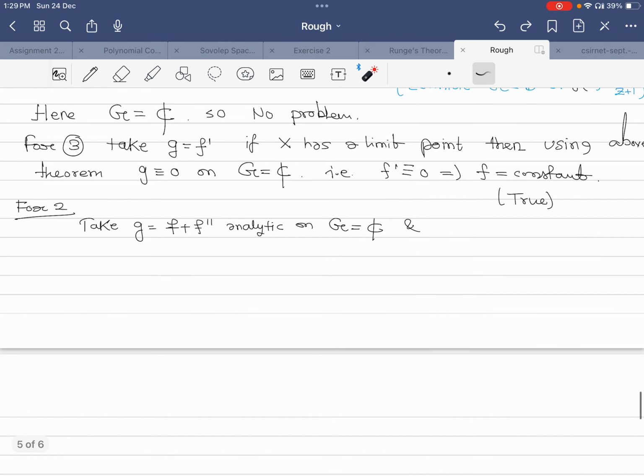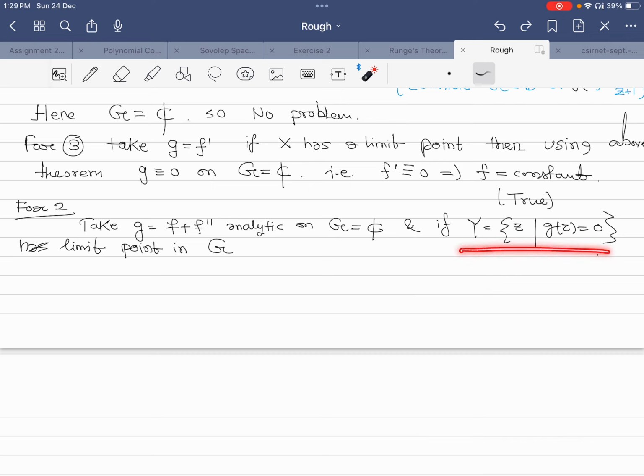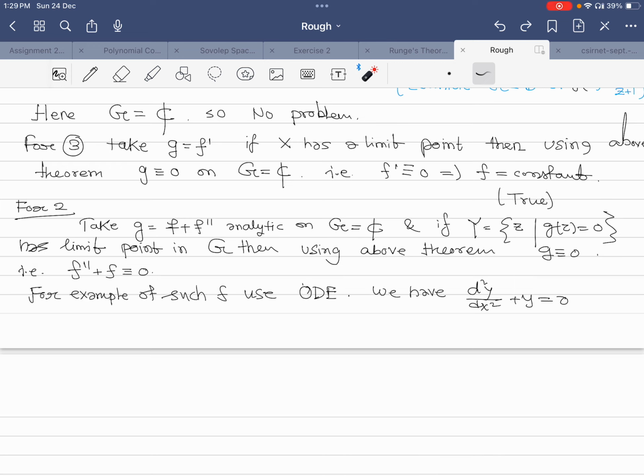Y, if we write in terms of g, is the zero set of g basically. And if Y has a limit point, then g is 0, right, using the zeros theorem. That means f double prime plus f is 0, and f is differentiable, so we can use ODE theory, ordinary differential equation theory, and we get that equation.